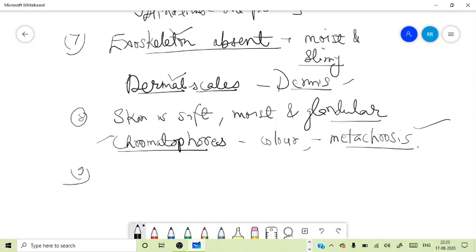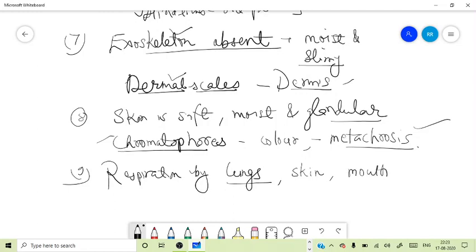Next, respiration by lungs. So here is a sign of terrestrial life, the presence of lungs, which are used in respiration. Then respiration may also be by skin and mouth lining.